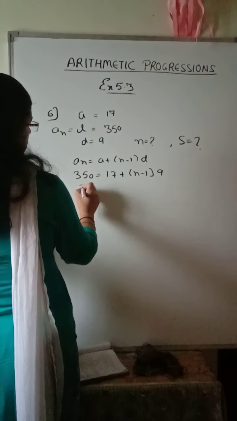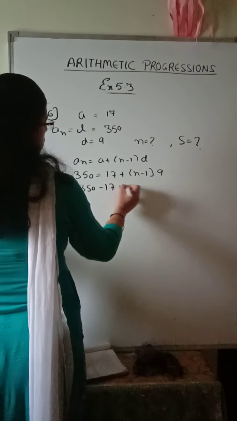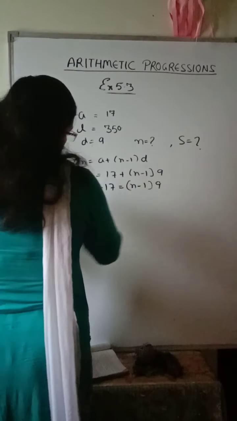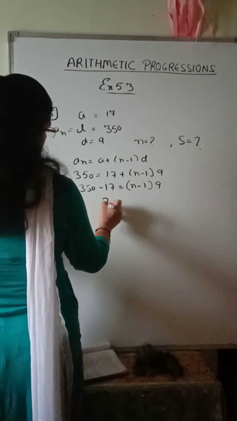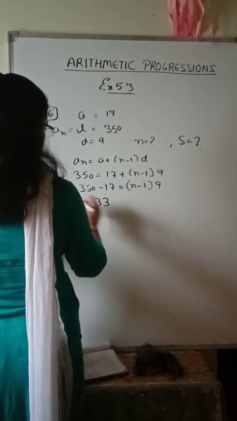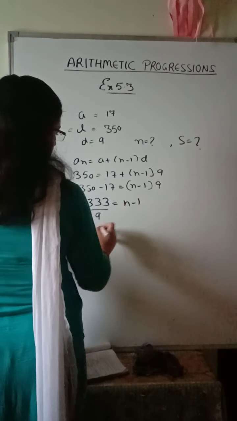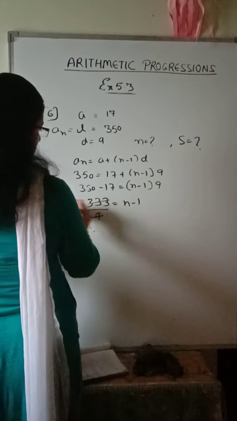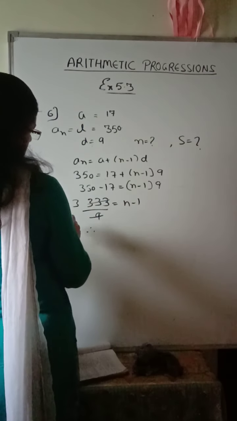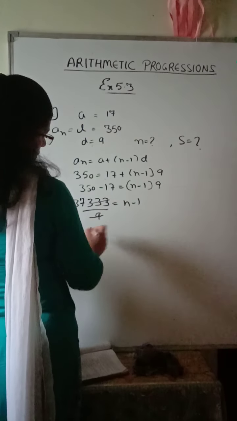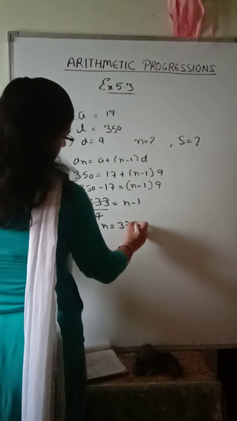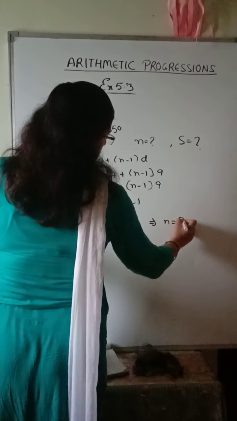Bring 17 here, so 350 minus 17 equals n minus 1 times 9, 333. Bring the 9 to the division side, equals n minus 1. So 9 3s are 27, 6 left, 9 7s are 63, so n equals 37 plus 1, which shows n equals 38.